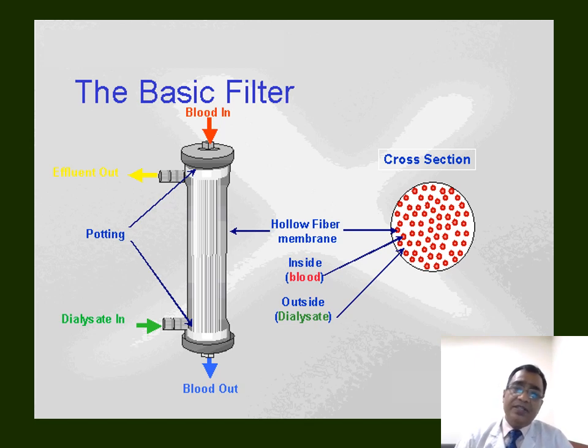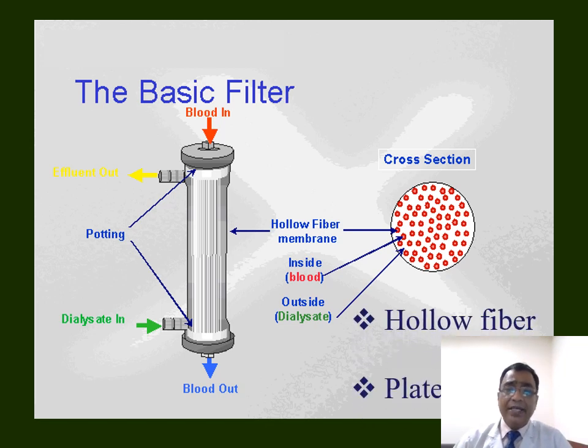When we see its cut section, there are so many small capillaries, the units of the dialysis surface, and the blood flows in these small tubules, and the dialysate fluid is present around these tubules, and it flows in a counter current direction, that is opposite to the blood flow direction, in this dialysate filter. It can be a hollow fiber, it can be a plate fiber.